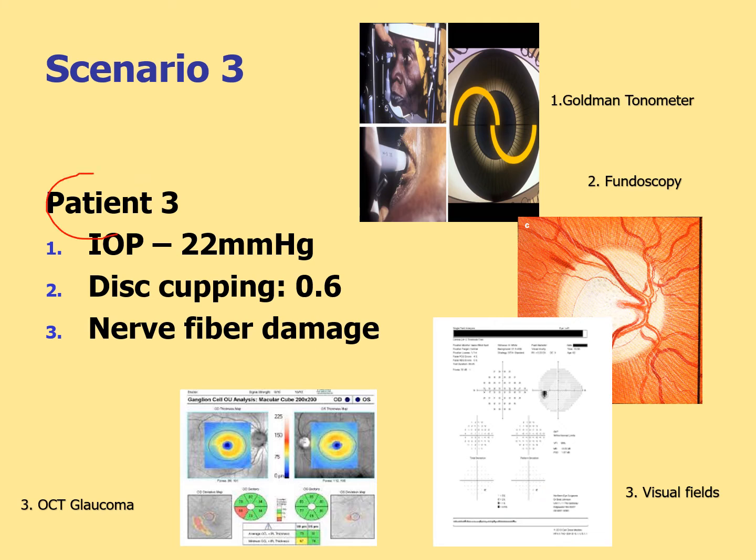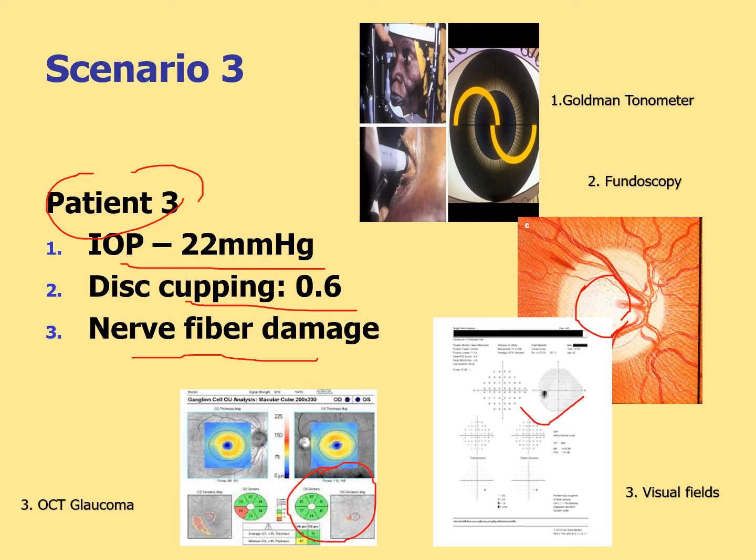Look at patient number 3. Intraocular pressure is 22 mm of mercury, which is slightly more than normal. Optic disc cupping is 0.6. Look at that. But the neuroretinal rim is quite healthy. There is no field defect on the visual field analysis, and the OCT is looking normal in this patient.